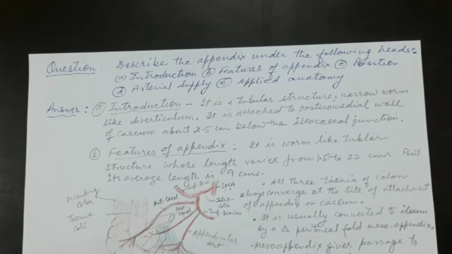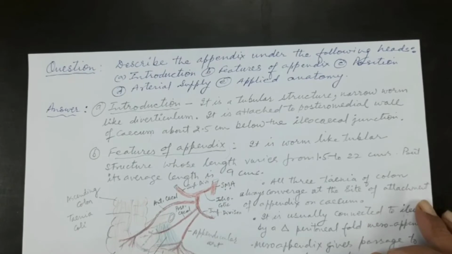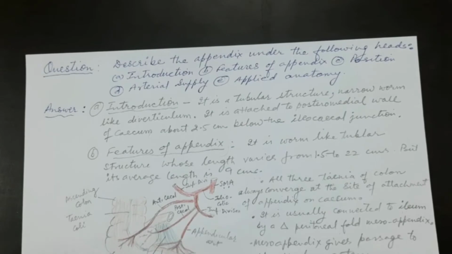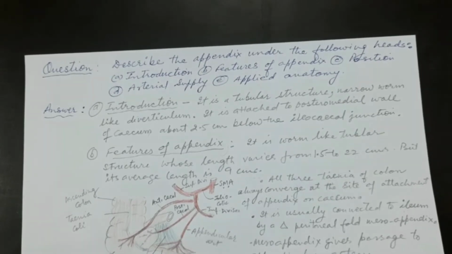The attachment on the posteromedial wall of the cecum is 2.5 centimeter below the ileocecal junction. That means if we see the posterior wall of the cecum, then we can see the opening of the ileum in the cecum and the appendix also into the cecum.